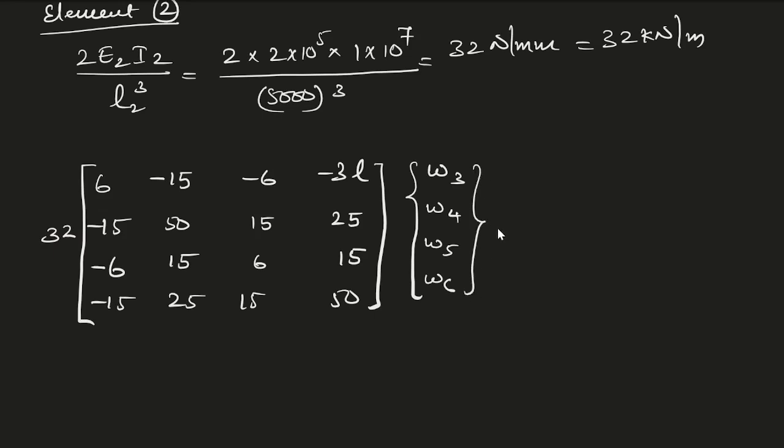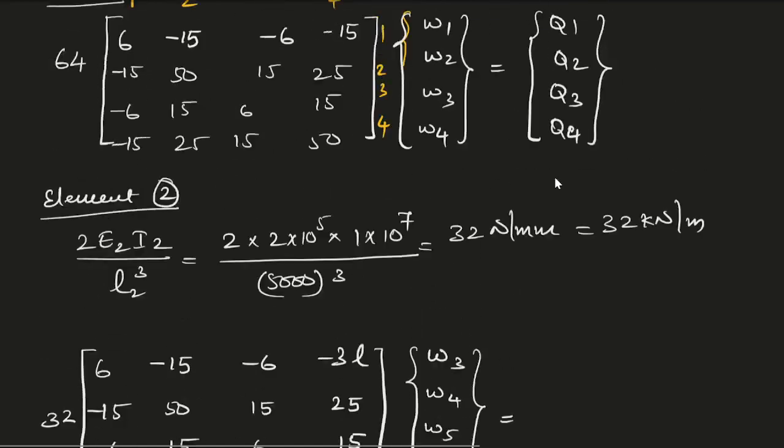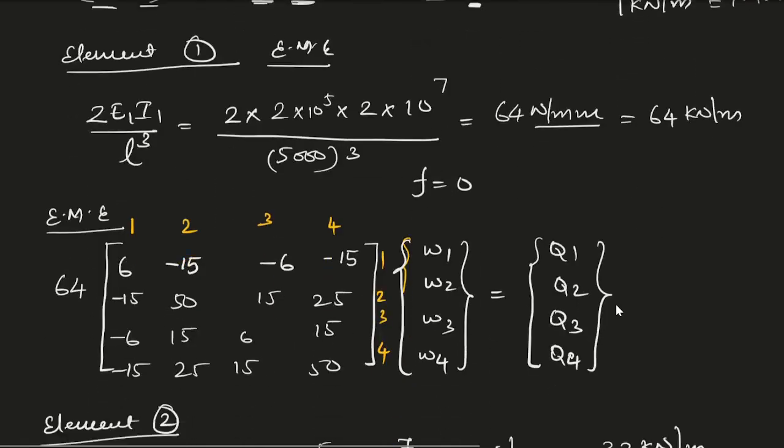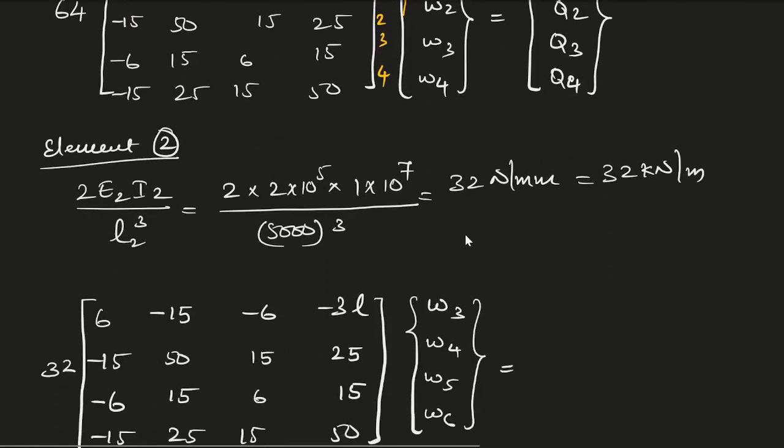So here we have to check for the UDL as well, right? Because if you see here, we have a UDL load. The UDL load F0 is given as 1 kilonewton per meter. They have given it in terms of meter. Because F is acting downward, it will be minus 1.